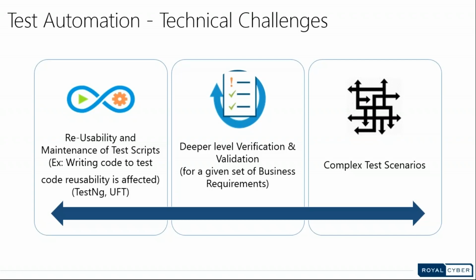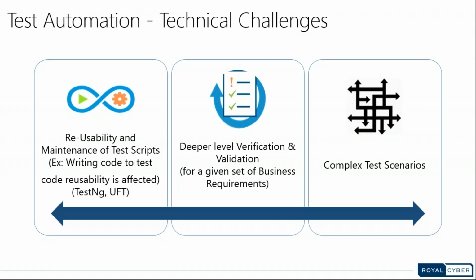Considering this, there is a deeper level of verification and validation. All the time, business requirements are not very clear, so we try to understand the business requirements in a detailed manner, address all the requirements and understand them. At that moment, the deeper level of verification and validation becomes a specific technical challenge.